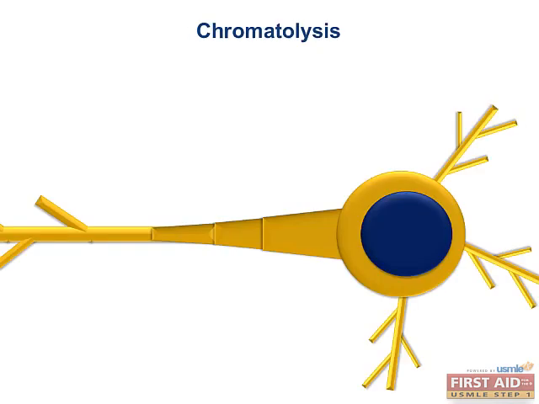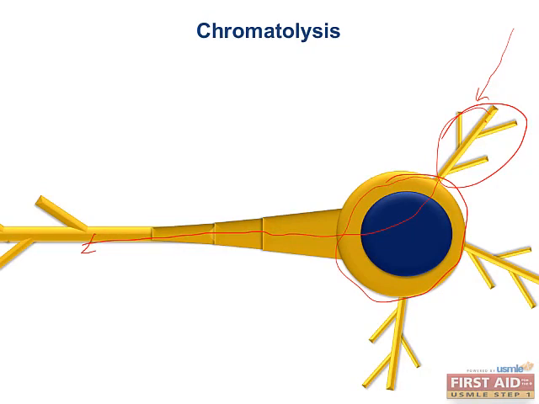So here's another random topic of cell injury, and this time we're going to be talking about injury to nerves. So here's a nerve, and just to refresh, what are the basic sections of a nerve? So the signal comes in from another cell and travels through this, which is the dendrite, very good, reaches this, which is the cell body, very good, and then travels along this section, which is the axon, and will travel to other cells.